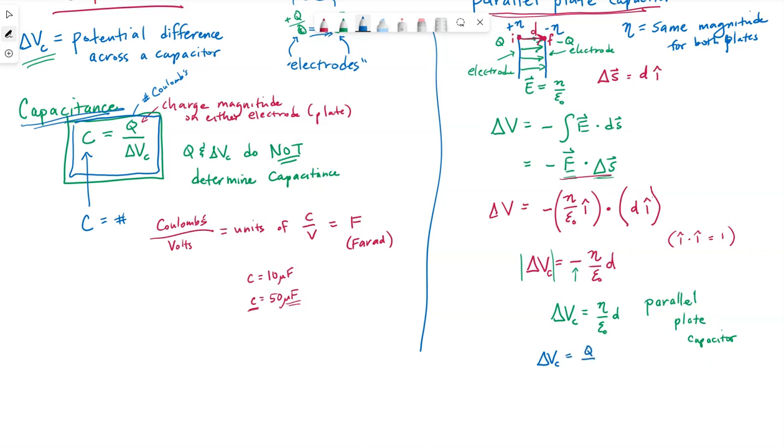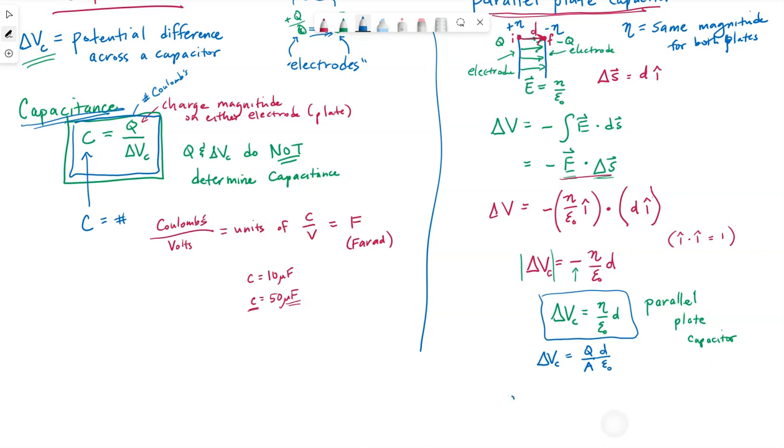Eta, if you remember, is charge per area. So this same equation right here turns into Q times D divided by that surface area times epsilon naught.